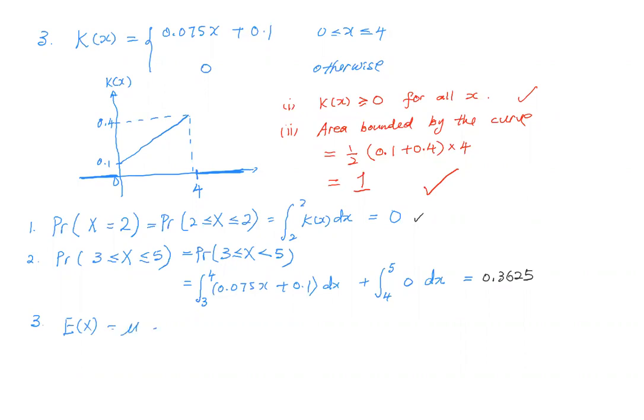Third, how to find the mean? For the mean, you have to integrate x times kx dx. So this is the formula to find the mean. From 0 to 4, I have to put x.